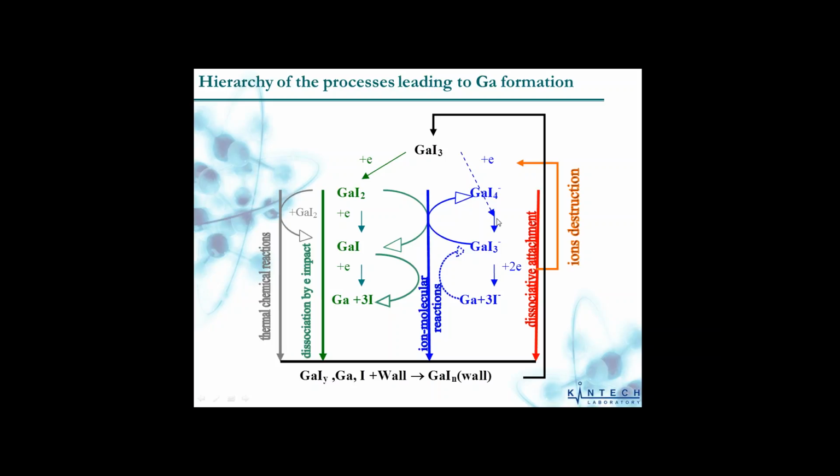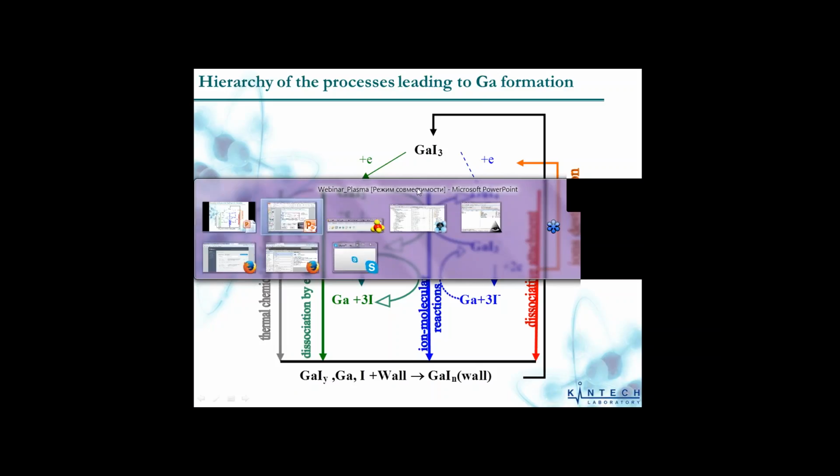The third important process is the formation of gallium in the set of ion molecular reactions. So we have such a mechanism: dissociation, ion molecular reaction, excitation by the electron, but in the end, nevertheless, condensation on the wall, etching, and returning to the gas phase.